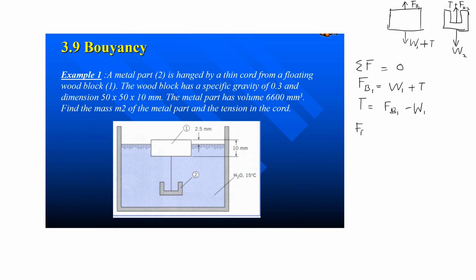FB1 is the buoyant force for wood. So we have the equation that I've just mentioned, rho gV, where V is the volume of the displaced water.